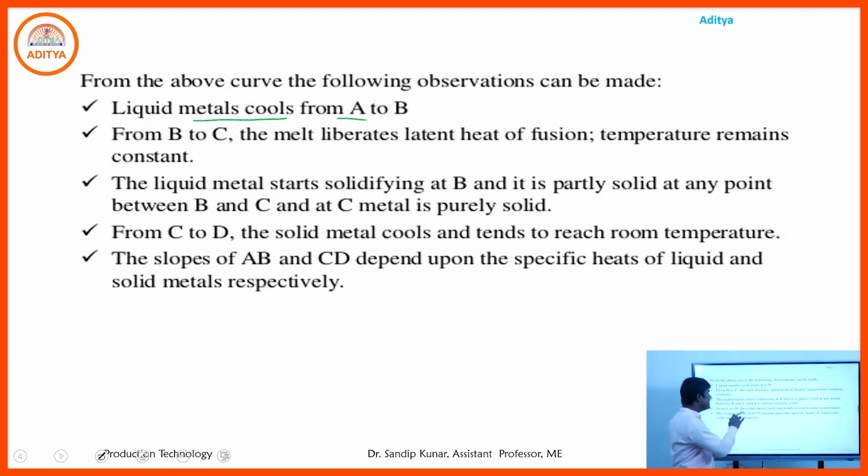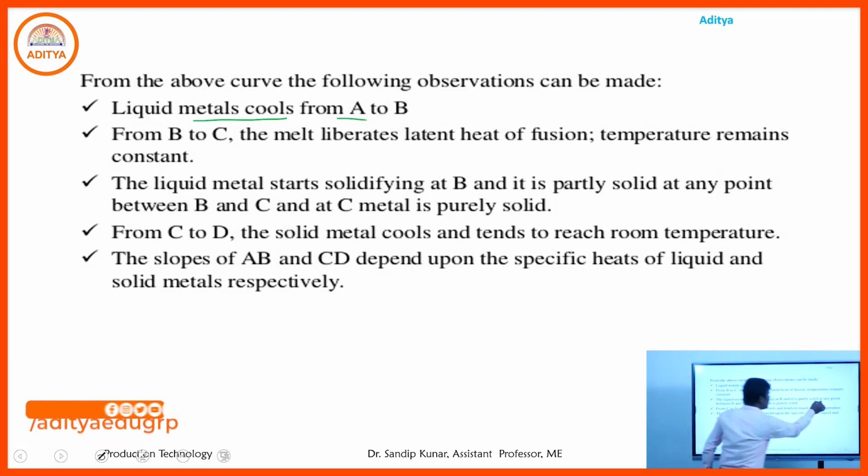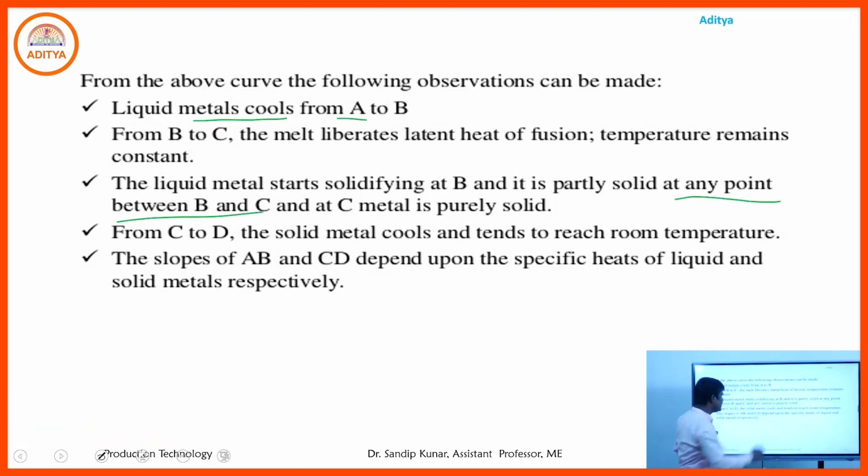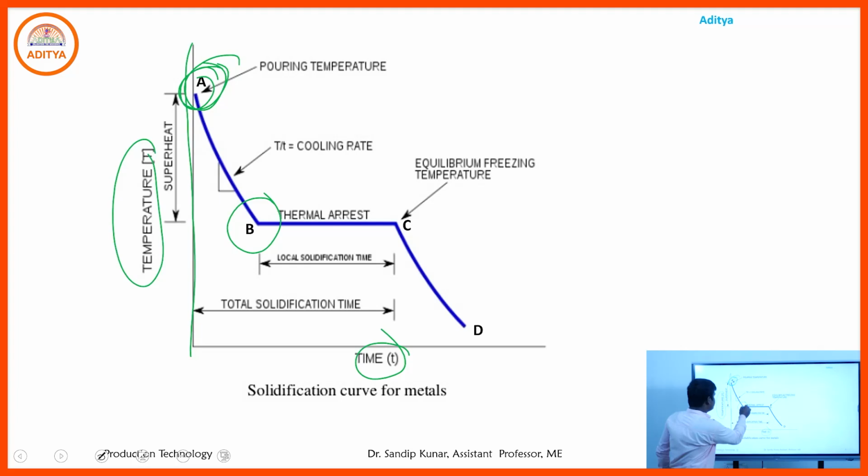The liquid metal starts solidification from point B. Then it is partly solid and partly remains in the liquid state. Between B and C, some part of the poured molten metal will be solid and some part will remain liquid.